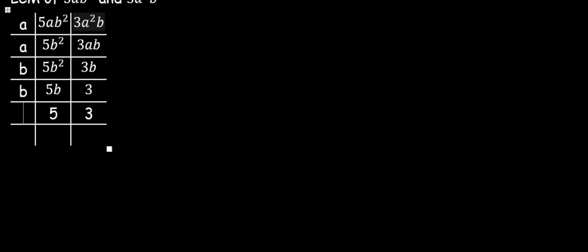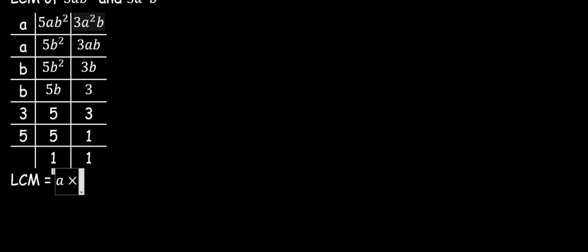Since the numbers that are left are prime factors, we take 3. 3 divide 5, you bring 5 down, you cannot divide it without a remainder. So 3 divide 3 will give you 1. We take 5. 5 divide 5 will give you 1, and you just bring the other one down. Conclusively, we can say LCM is equal to a times a times b times b times 3 times 5, which is equal to 15a²b².